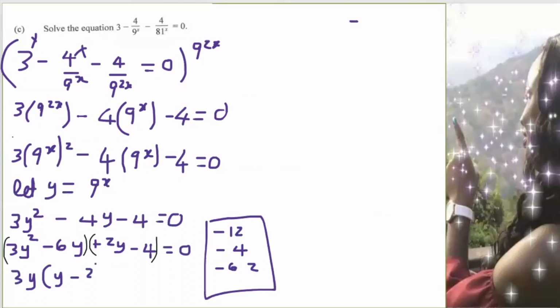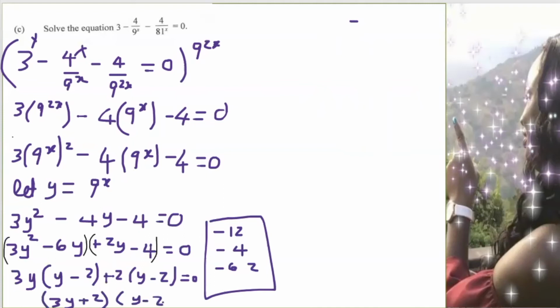Then the next bracket, I will be factoring out positive 2, and I'll be left with y minus 2. So what do I have? I have 3y plus 2 multiplied by y minus 2 equals 0.